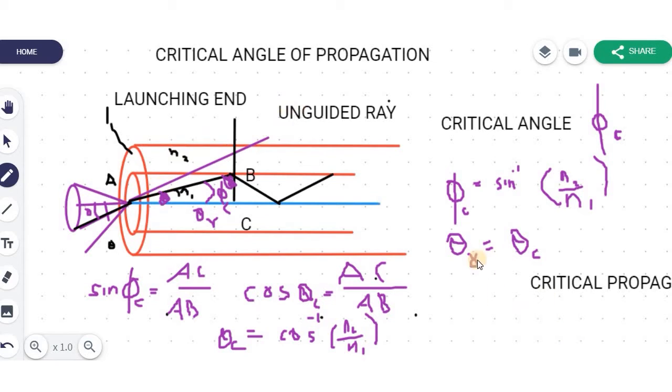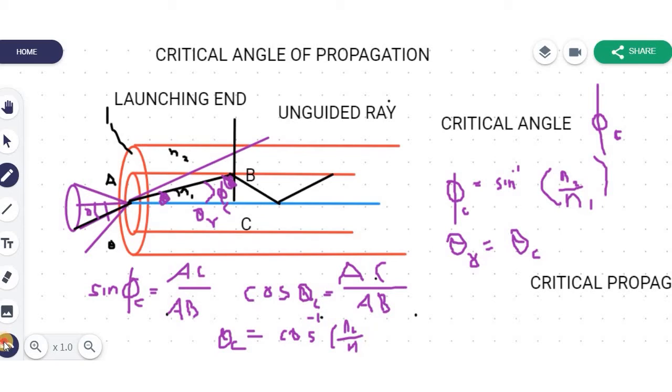All rays traveling with angles less than or equal to theta c will travel through the fiber. All angles greater than phi c undergo total internal reflection. Hope it is clear for you. This is the critical angle of propagation theta c.